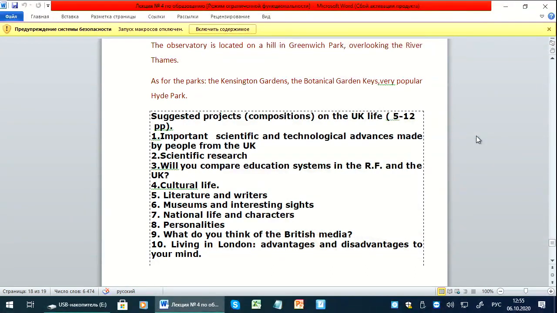Because I'm sure that you've read about living in London, that perhaps you have relatives or friends who went to London, to the UK, and study at the British universities, and stay there for a time, so you may speak to them and compare living in London with living and staying in Moscow or other big Russian cities.